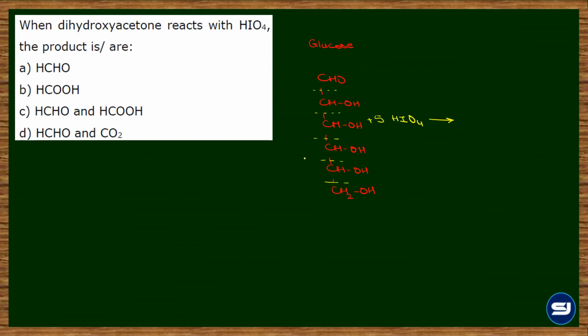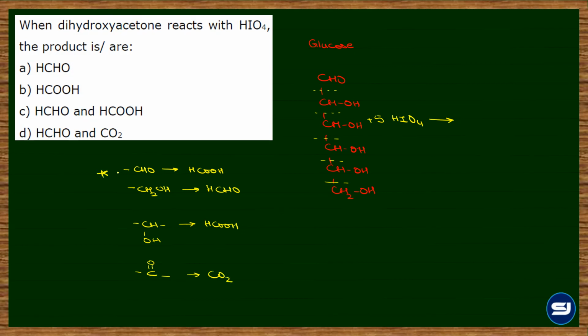The shortcut trick to find the products of HIO4 reaction is, if you have an aldehyde, then it will change into formic acid. If you have a primary alcohol group, it will change into formaldehyde. If you have a secondary alcoholic group, it will oxidize into formic acid, and a carbonyl group, keto group, will change into CO2.